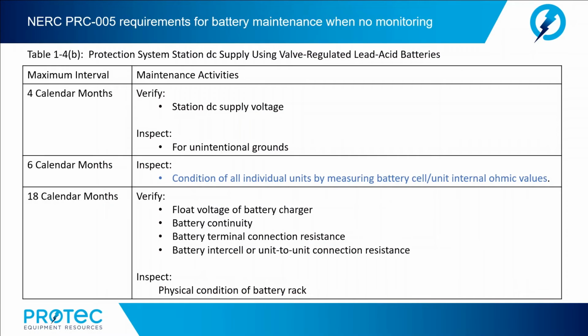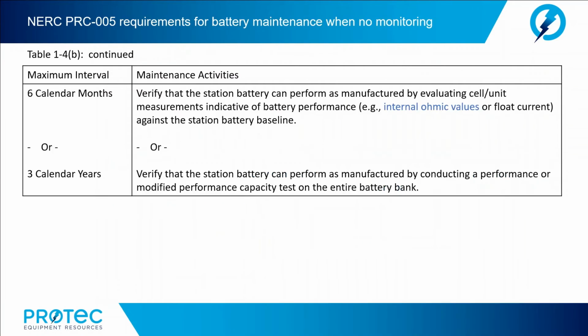So again, every 6 months, we take internal ohmic measurements. Every 18 calendar months, we are to verify float voltage of the battery charger, battery continuity, battery terminal connection resistance, battery intercell or unit-to-unit connection resistance, and every 18 months, we inspect the physical condition of the battery rack itself.